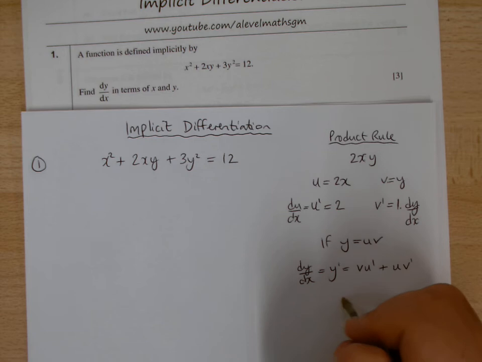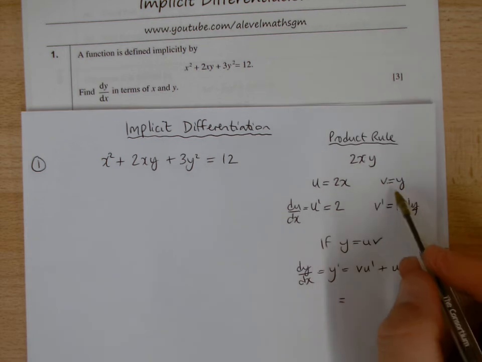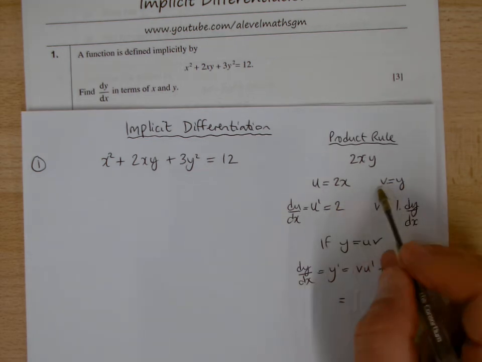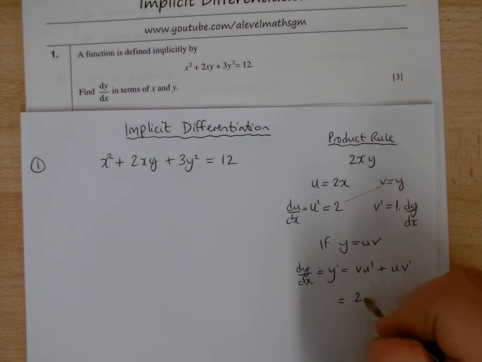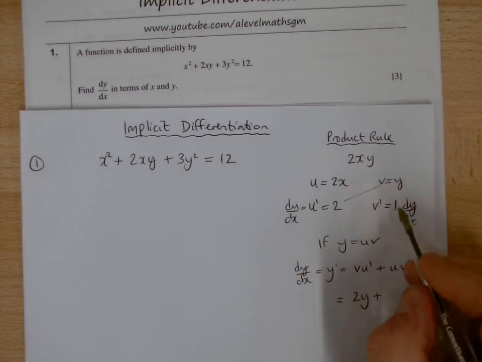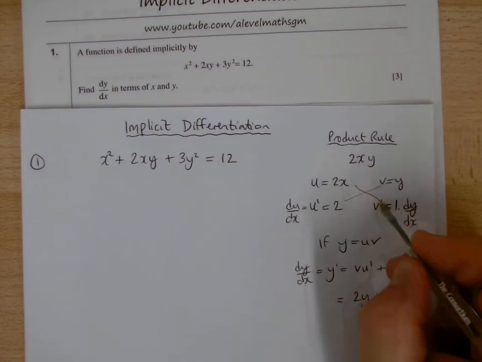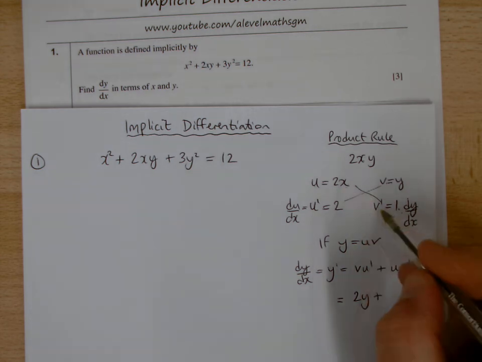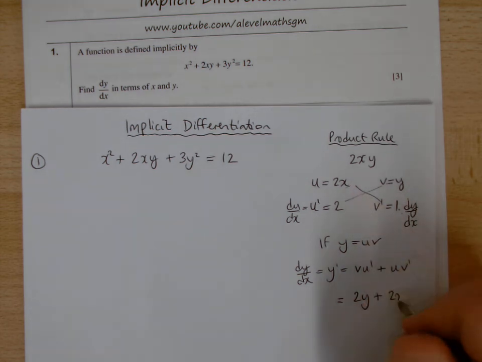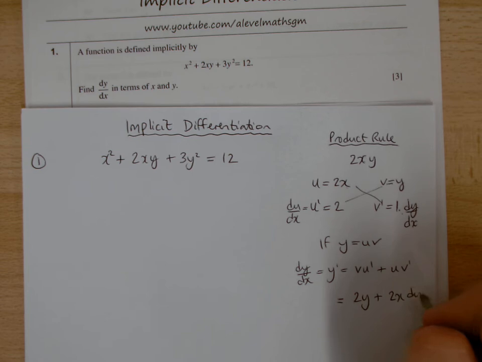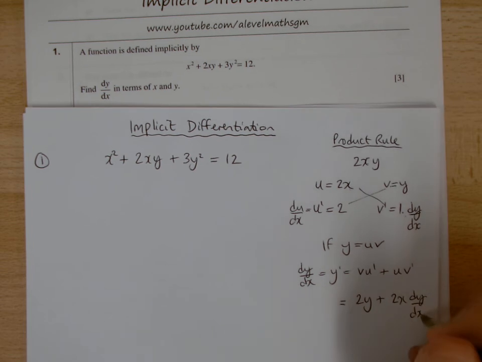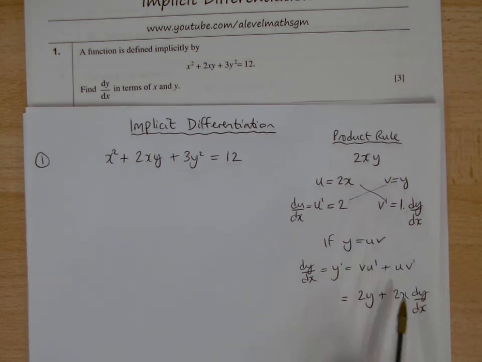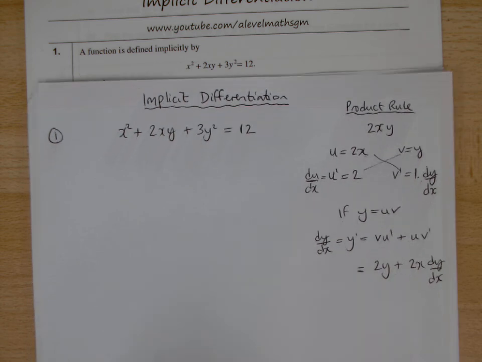So in the case above, I've got v, which is y, times u dash, which is 2y, plus u times v dash, which will be 2x times dy dx, isn't it? Okay. So there's the product rule applied to this, and I've got my answer there, differentiated.